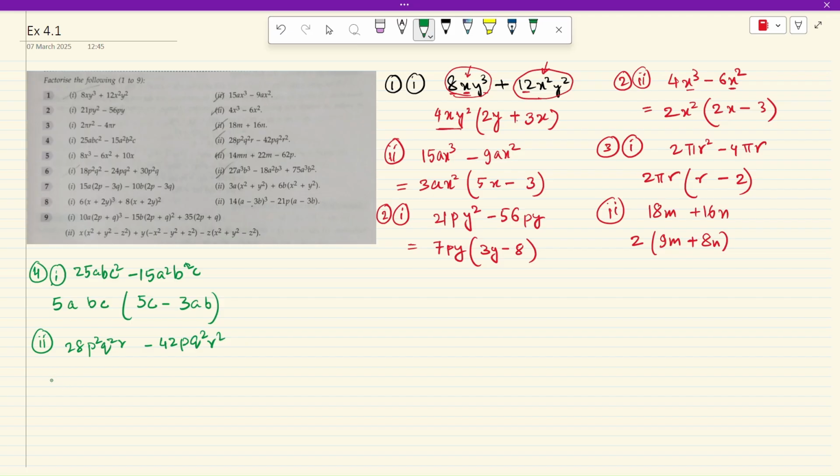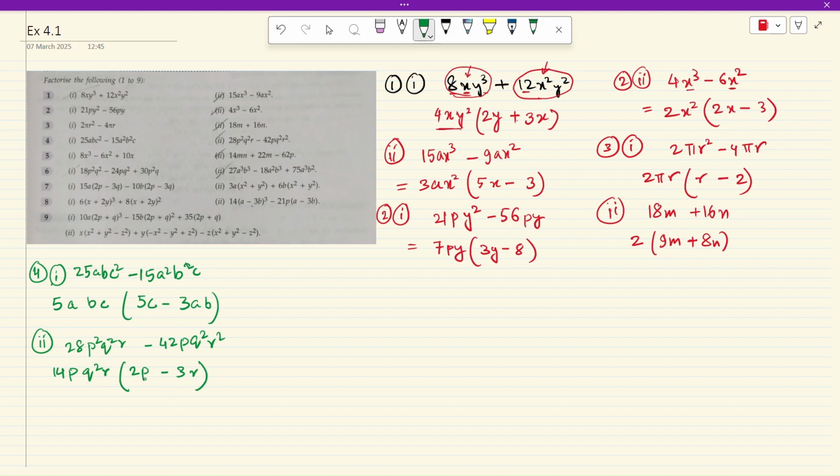From here we will take common as 14pq square and r. So this will be 2p minus 3r.